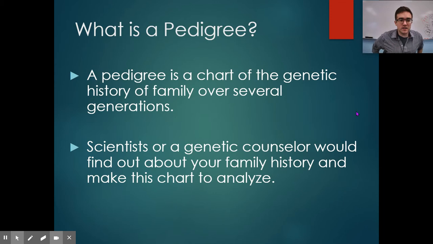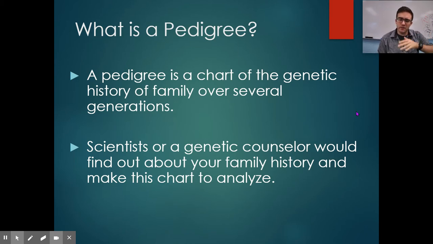So what they are is a genetic history of a family over several generations, or as far back as people can go. Sometimes pedigrees are only 3 or 4 generations, others 5, 6, 10, 11 generations back.